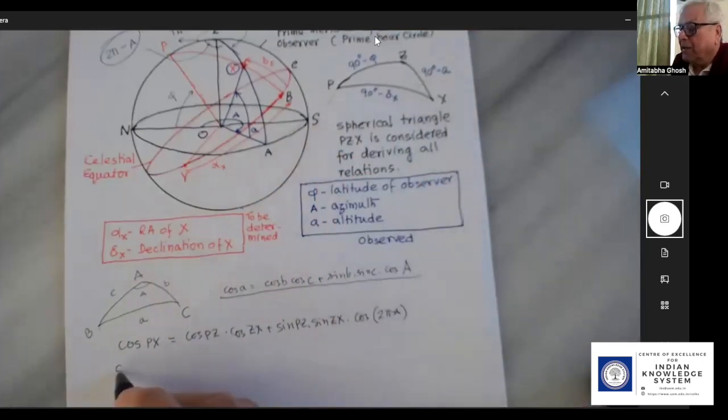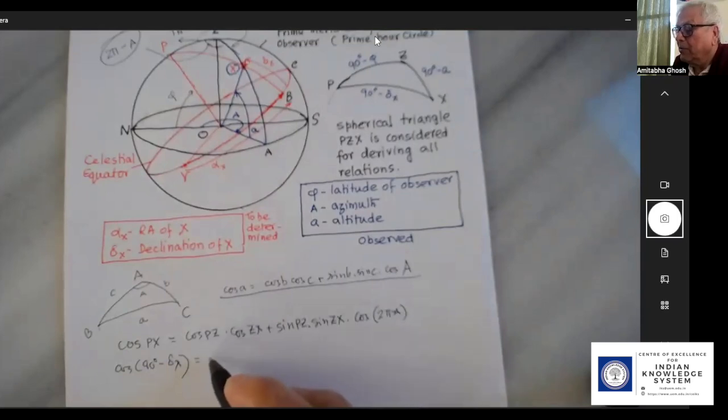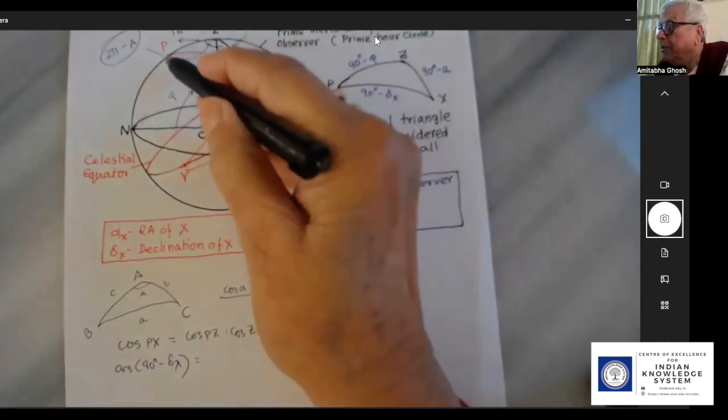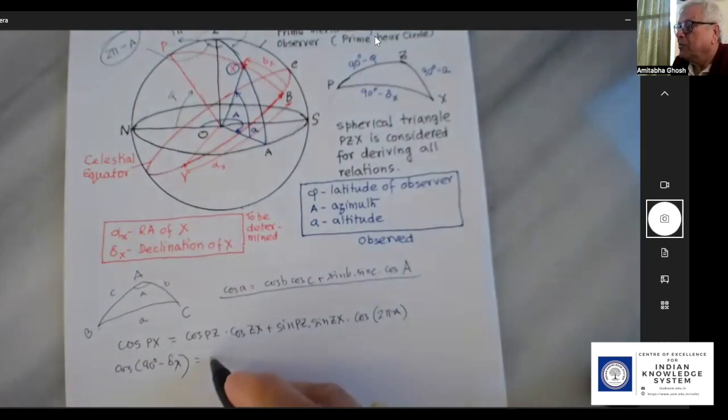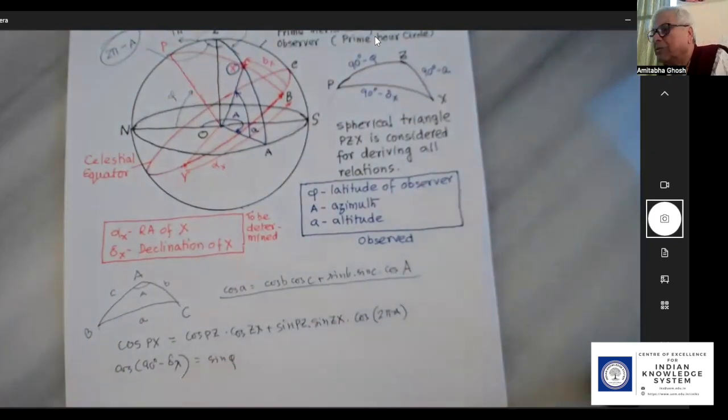So cosine of 90 degree minus delta x is equal to, now Pz is equal to 90 degree minus phi. It will be sine phi. Cosine 90 degree minus phi means sine phi. You know that. Basic trigonometry class.